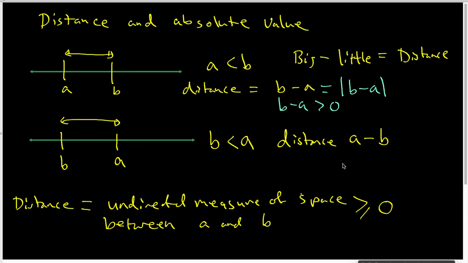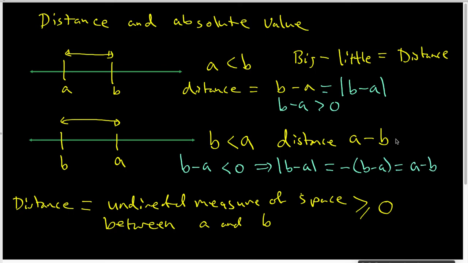Now down here, if I look at B minus A is less than 0, that would say the absolute value of B minus A is going to be minus (B minus A). But that turns out to be A minus B. So the distance here is also B minus A in absolute value.